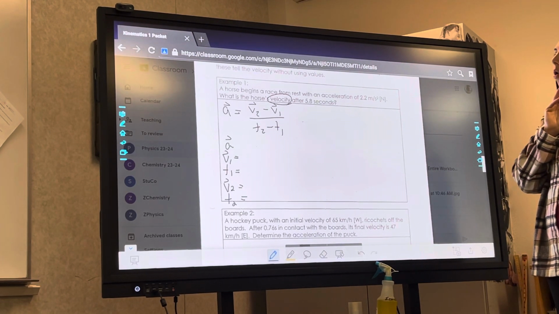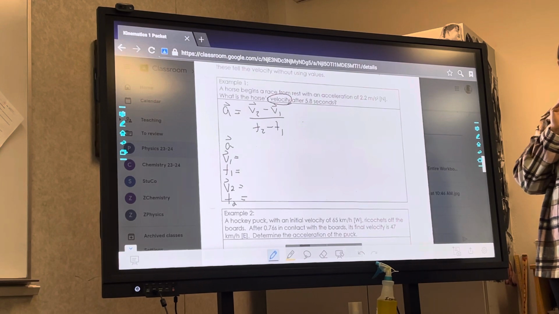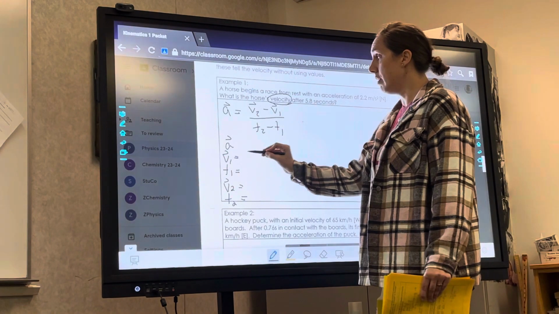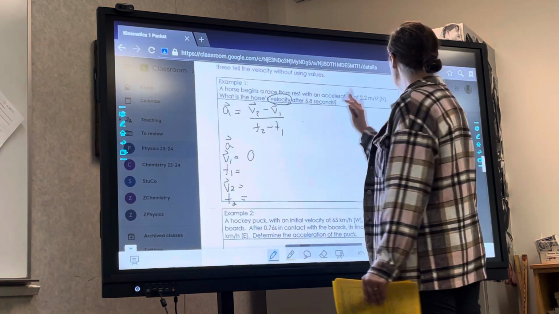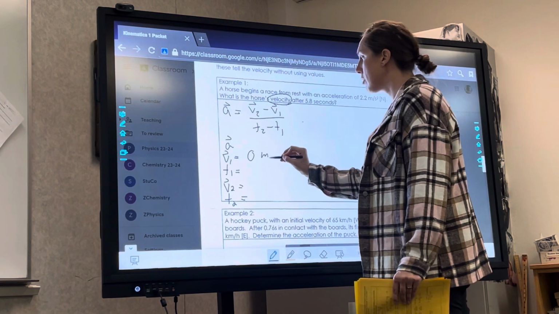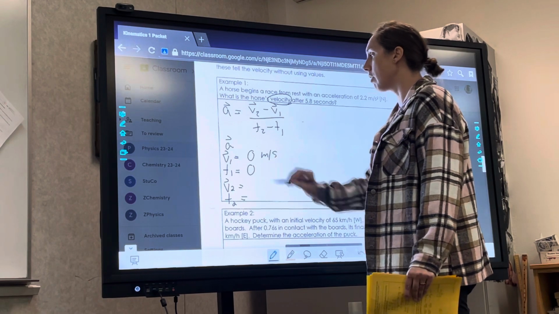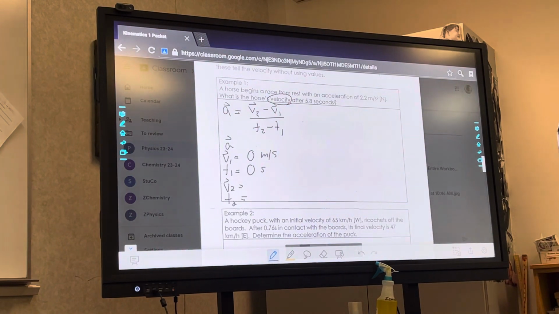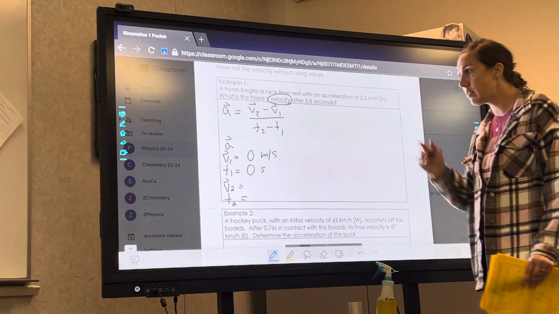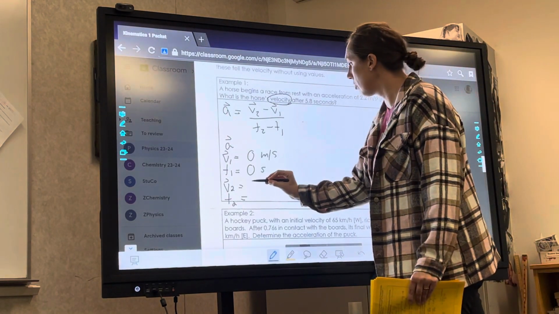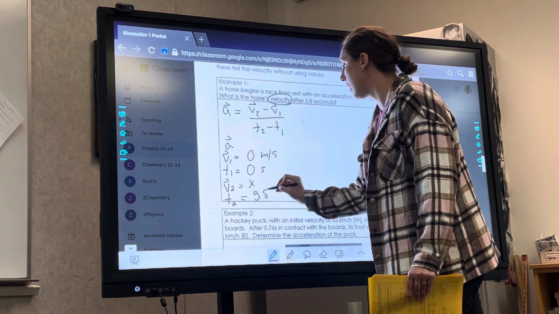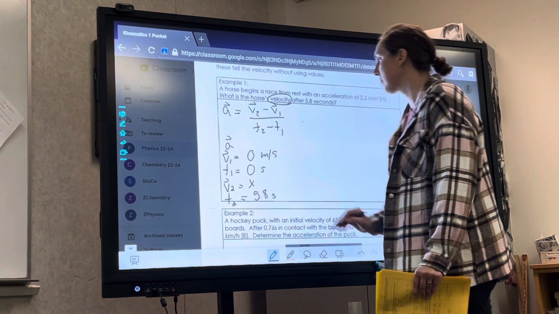A horse begins a race from rest. So if you're at rest, your velocity is 0, and they're using the units of meters per second, and your time is 0 seconds, okay? So whenever something says at rest, it's 0, 0, okay? What is the horse's velocity? So this V2 is our X after 5.8 seconds.